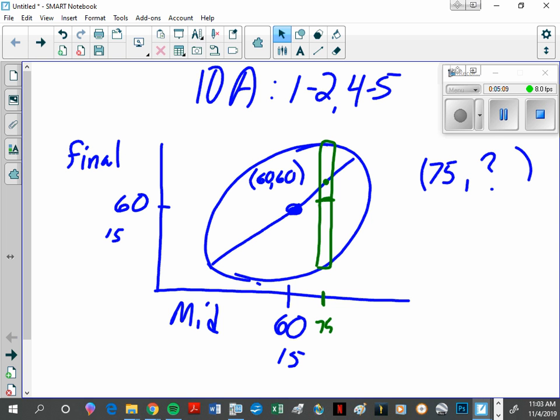So if we look at this person who scored 75 on the midterm, and we track over to their score on the final, it's not going to be 75. Because of all the people in this column, our best guess is the average. And the average does not lie on the SD line. It lies on what we call the regression line.